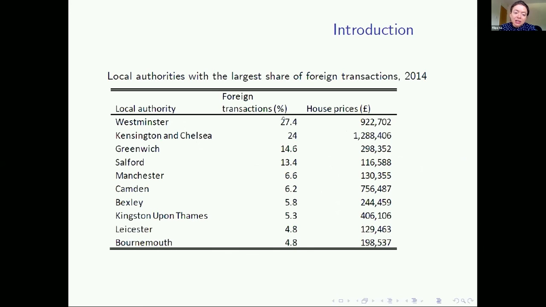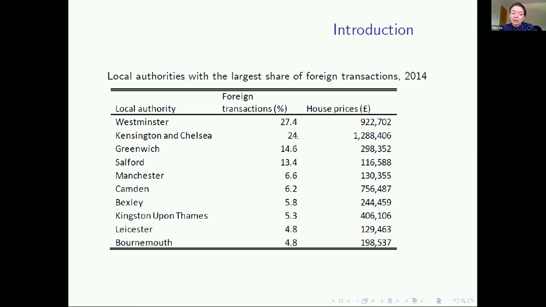Westminster and Kensington and Chelsea have the largest share of foreign transactions. So this is a share. The numerator is transactions registered to foreign buyers divided by total transactions times 100. So in Westminster, 27% of transactions in 2014 were registered to foreign buyers.